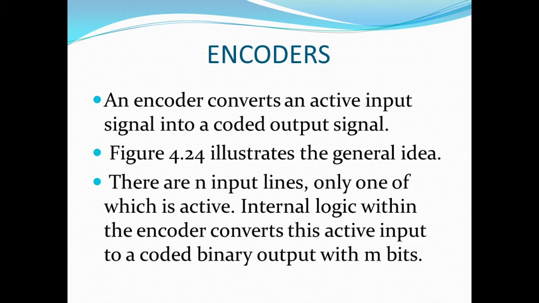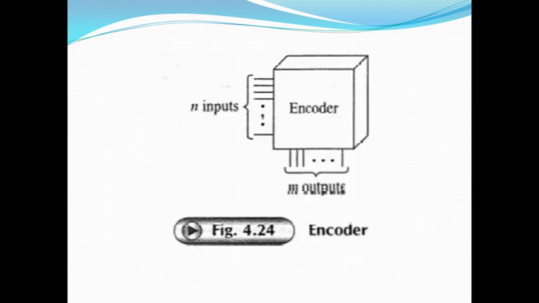So there are n input lines, only one of which is going to be active. Internal logic within the encoder converts this active input to a coded binary output with m bits.